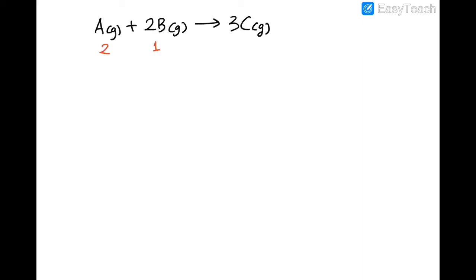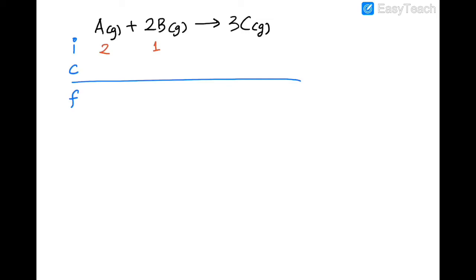To solve this, we always make a table that we write as follows. First, we have the initial condition, symbolized as I. Then we have the change, which is C. And finally, we have the final state after they react, F. So initial, change, and final.